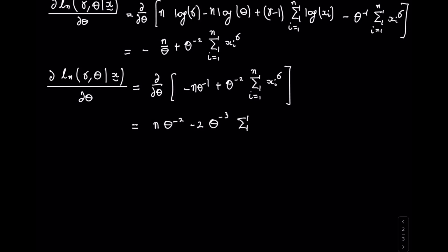And you still have just this factor of xi to the gamma out the front. And for simplicity, I'm going to write that as n on theta squared minus 2 on theta cubed, sum of i equals 1 to n of xi to the gamma. Brilliant. So we've done that.